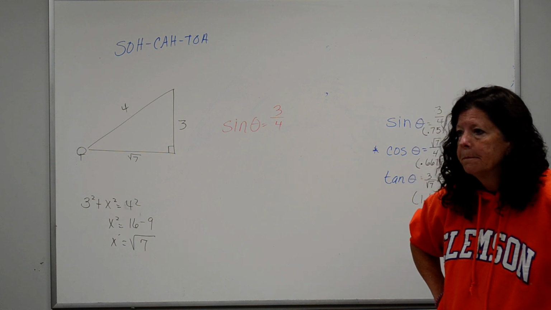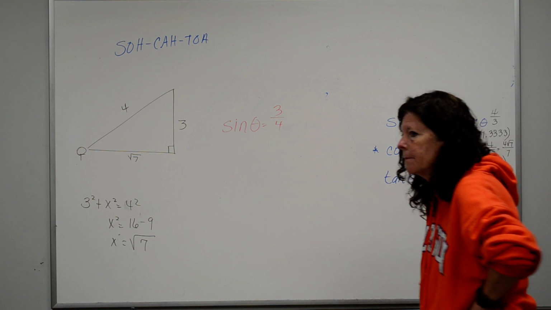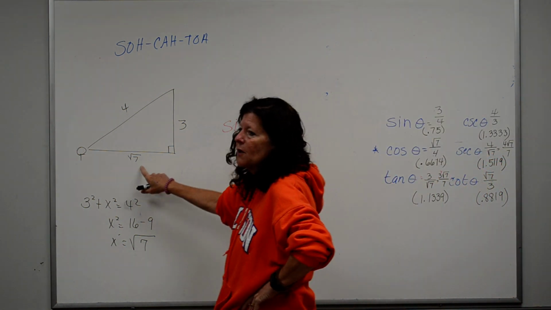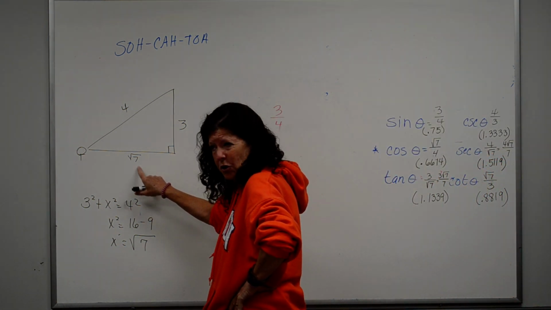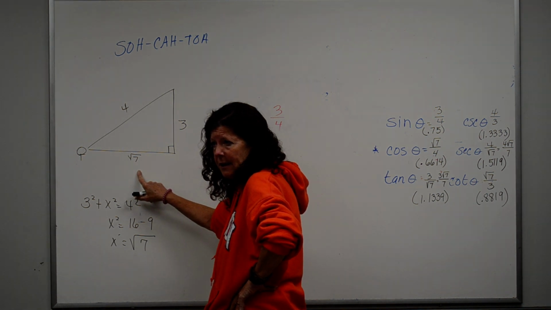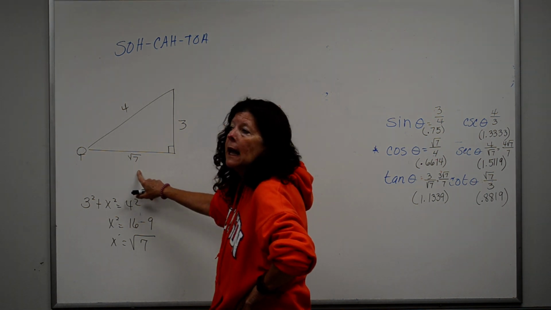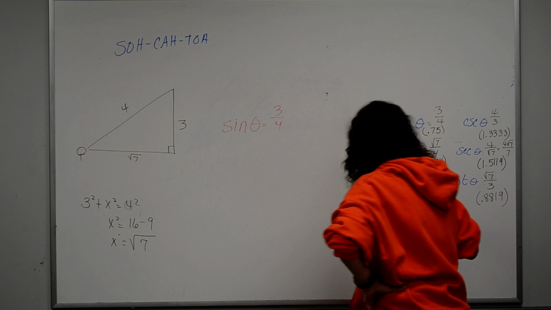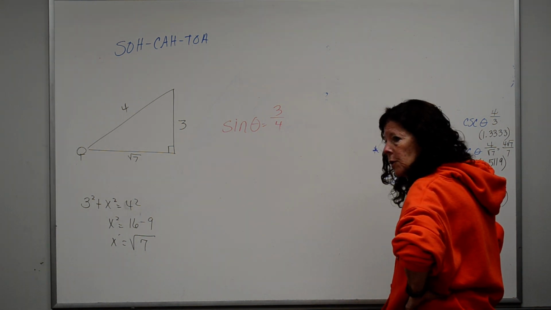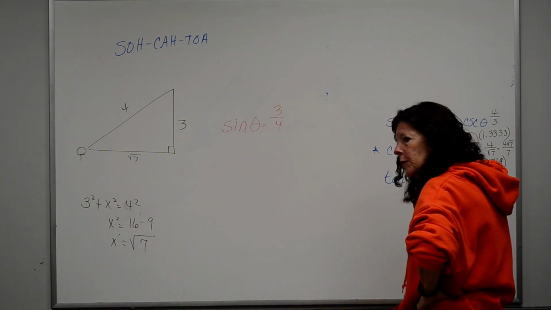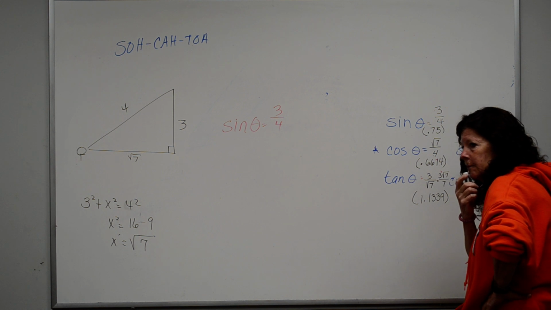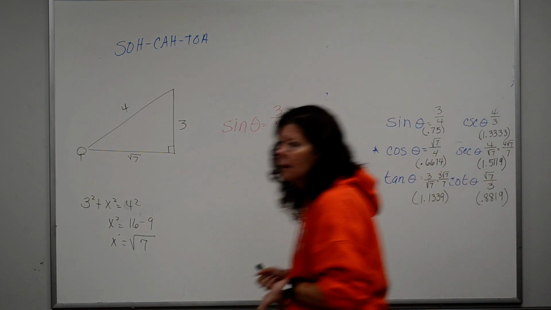You get them? Which ones? Did you get the fact that this was the square root of 7? Okay, did you round that there? Did you go ahead and get a decimal value for that? Okay, if you did, are your things real close? Not really?